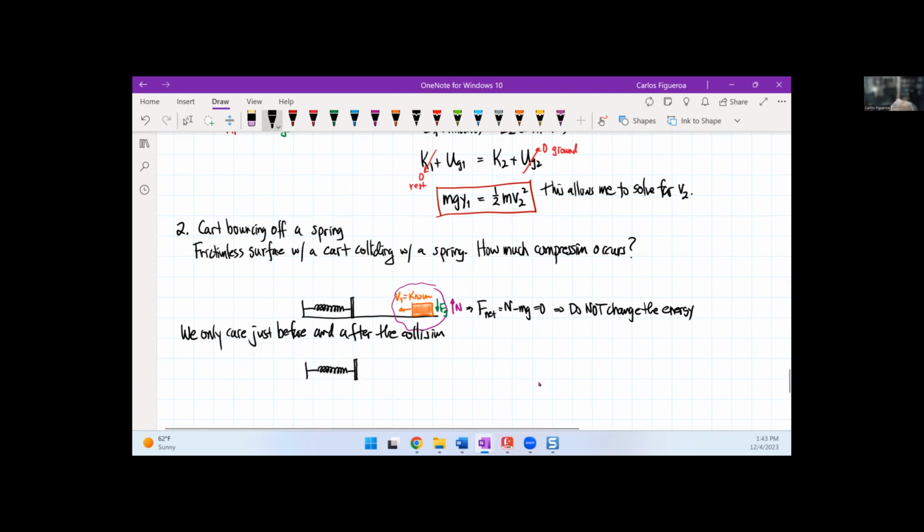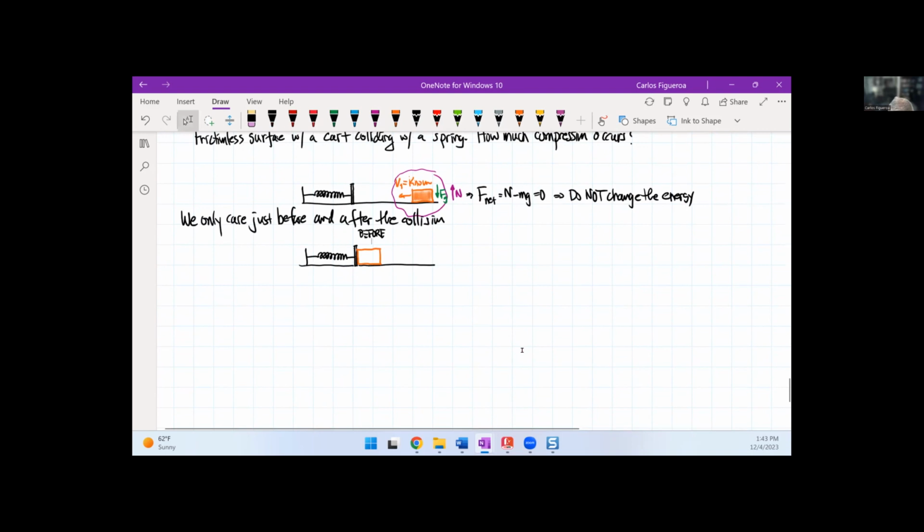I need this block to be right here. That's what we care about. This is the before. And then afterwards, the spring has now compressed. During this process, a compression has occurred.